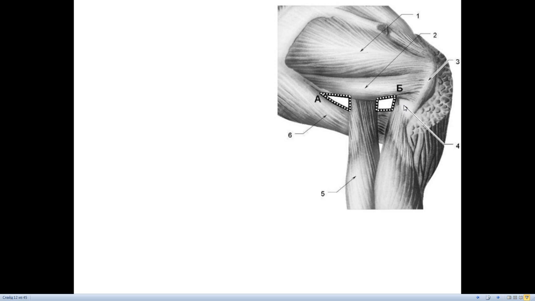Next, subscapular lymphatic nodes, nodi lymphatici subscapulares. They rest on the posterior wall of the axillary fossa and collect the lymph from the axillary region and brachial region, and shoulder joint.